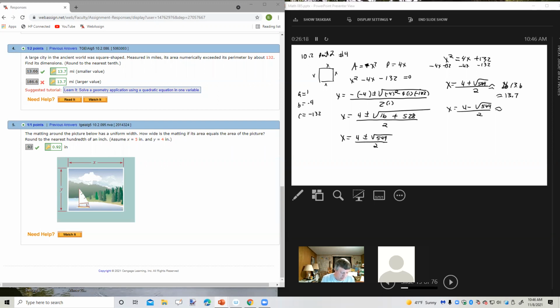And then the bottom one is going to be negative 9.7. You're going to throw that one out again because it's a negative. And so we get the two sides. The smaller value is 13.7 miles, and the larger value is 13.7 miles as well. Any questions about that one?